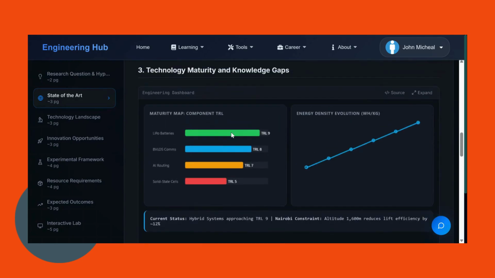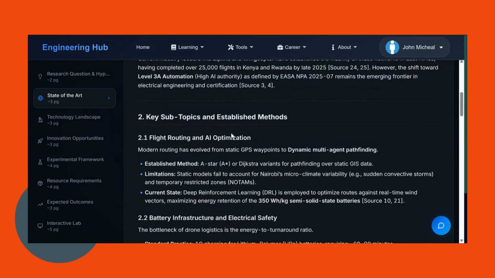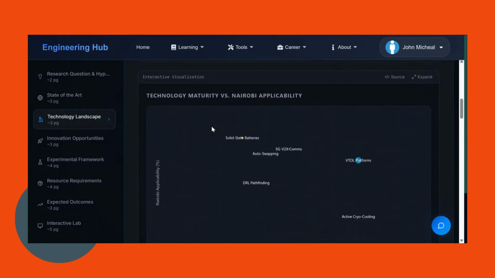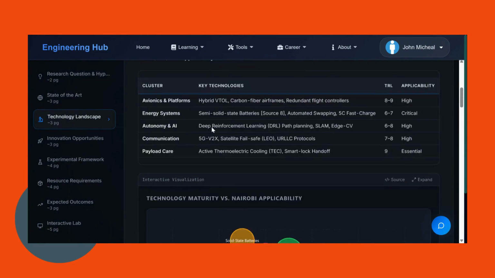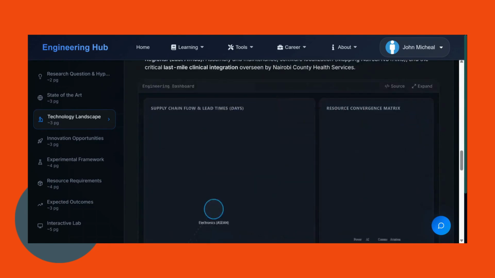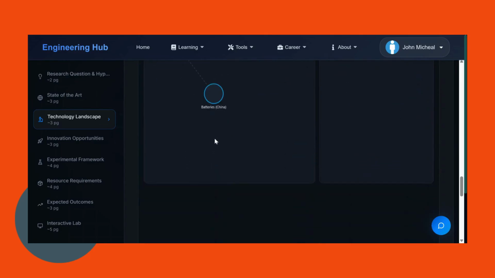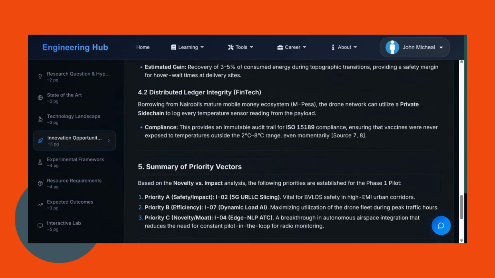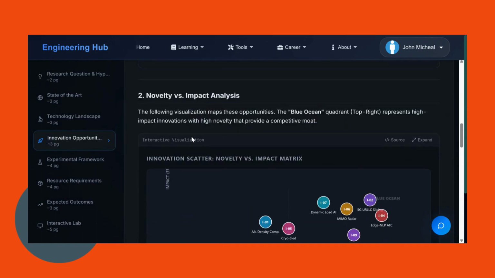Yeah, it's talking about loads of stuff here. It's just that I don't understand. Wow. Yeah. Let us try and scroll down again. Innovation opportunities. Who is innovative?